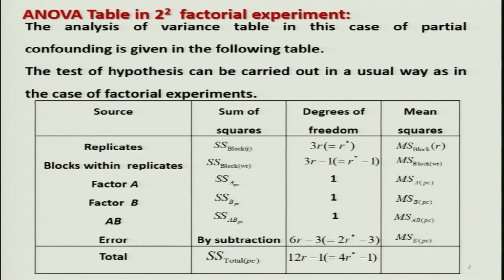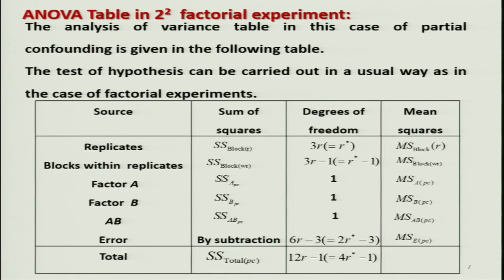So, now we have the ANOVA table, right. In case you want to conduct the test of hypothesis, that is going to be exactly on the same lines as you have done in the case of the factorial experiment, right. So, there is no need to discuss it here again.